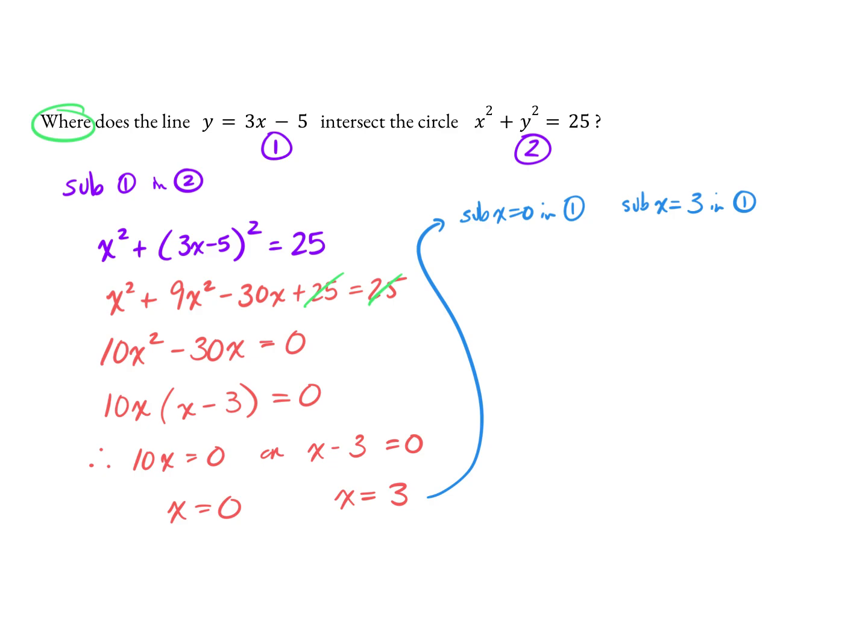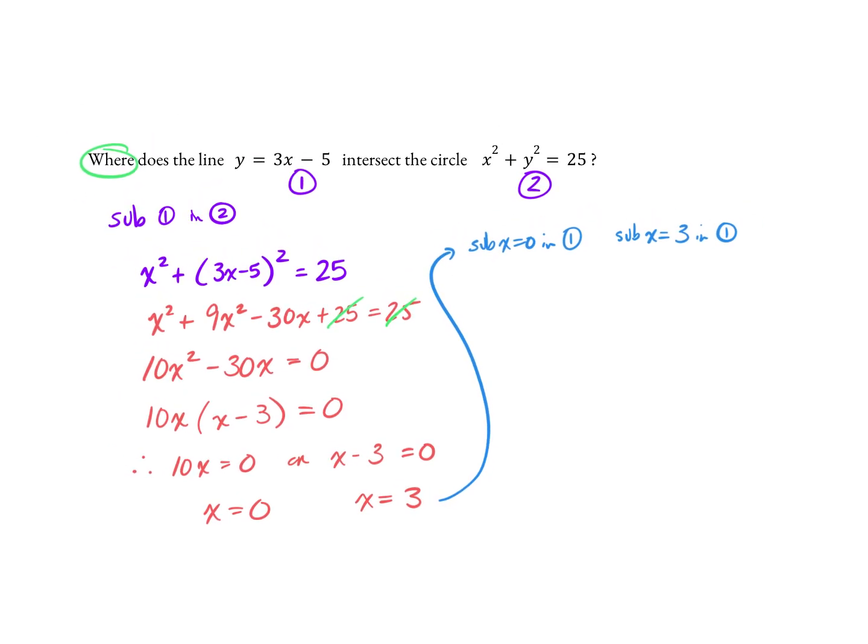Now, there is something very interesting here. If we've often worked our way through solving systems, at times you've had somebody tell you it doesn't really matter which one you sub back into. It absolutely matters. We'll show that when we deal with a geometric solution. But if I work my way through and sub my x equals 0 back into my line, I'm going to get negative 5.